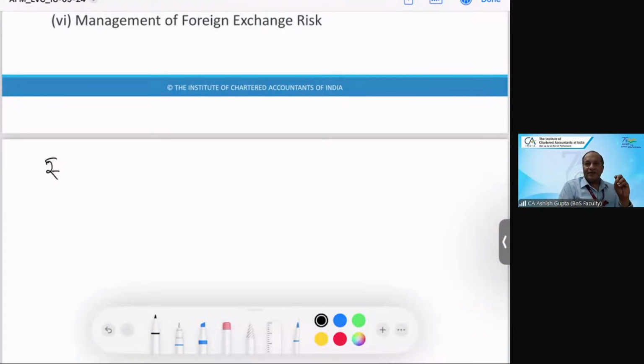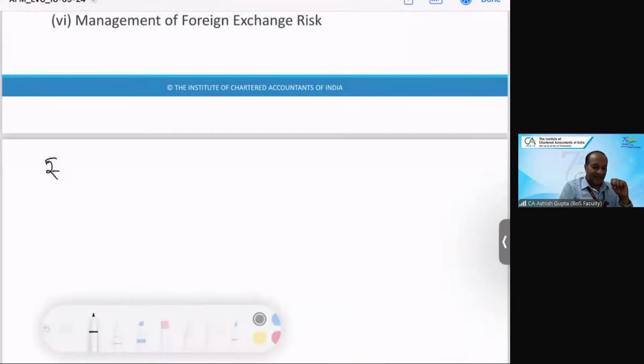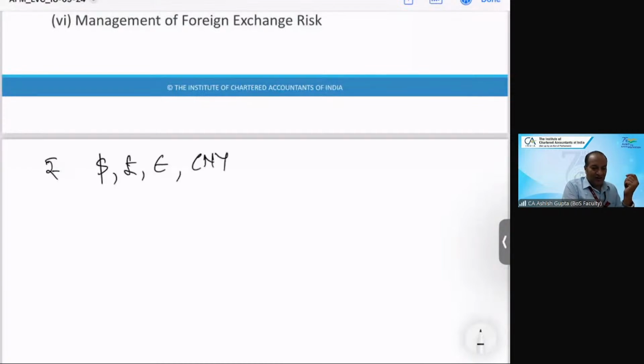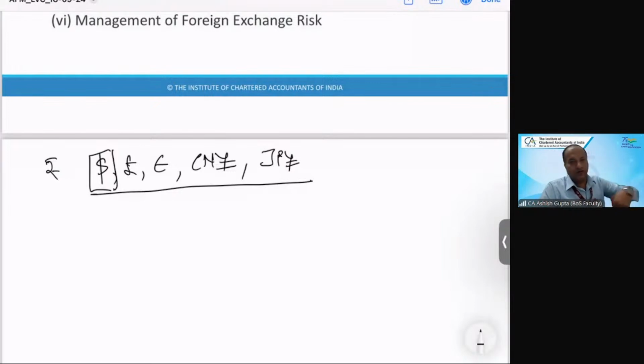But there are some internationally accepted currencies, like the dollar, pound, euro, and even the Chinese yuan and Japanese yen are becoming global currencies. The dollar is very dominant, and if you read the financial newspapers, you have heard there is a drive to de-dollarize the world.